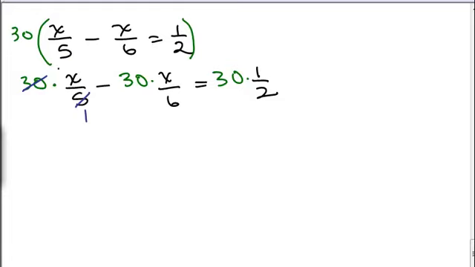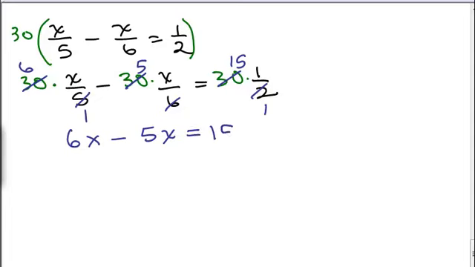So 5 goes into 30 6 times, 6 goes into 30 5 times, 2 goes into 30 15 times, and then be careful, don't lose it. You've got 6 times x here, so that's 6x minus 5x equals 15. Wow, that one wasn't hard.